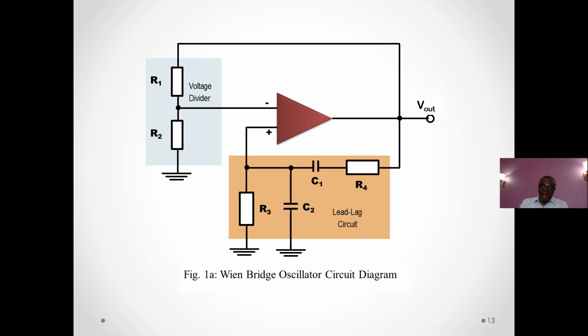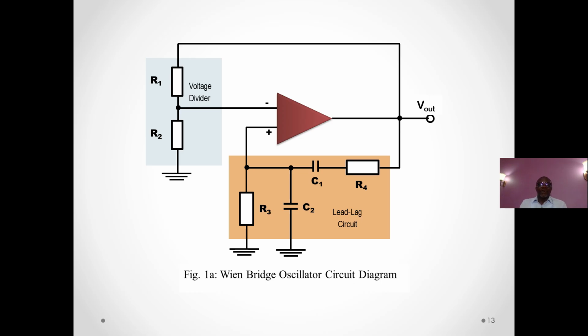In the negative feedback loop, we are talking of the input to the negative terminal of the operational amplifier. You will see that not everything that is fed back through that voltage divider is fed into the negative input of the op amp, because some will go there, some will escape through R2 to the ground.